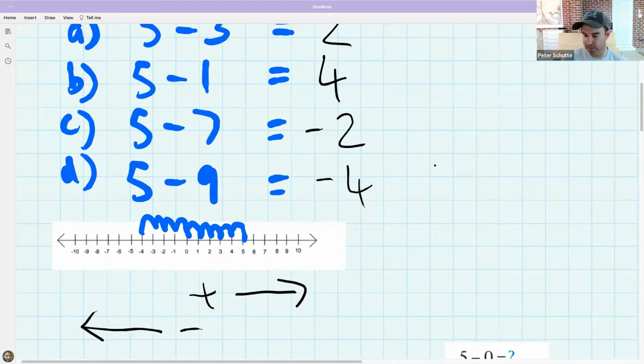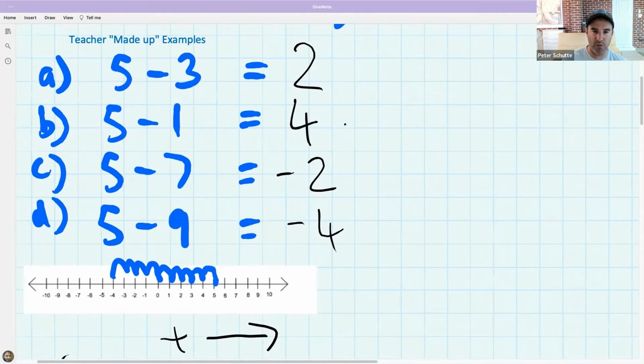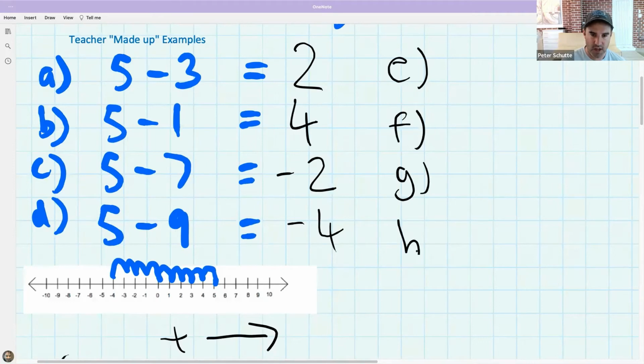But now what happens if instead of starting with a positive number, I start with a negative number? So let's try that. Let's call this question E, F, G, H, and I want you to put all the answers in one line.